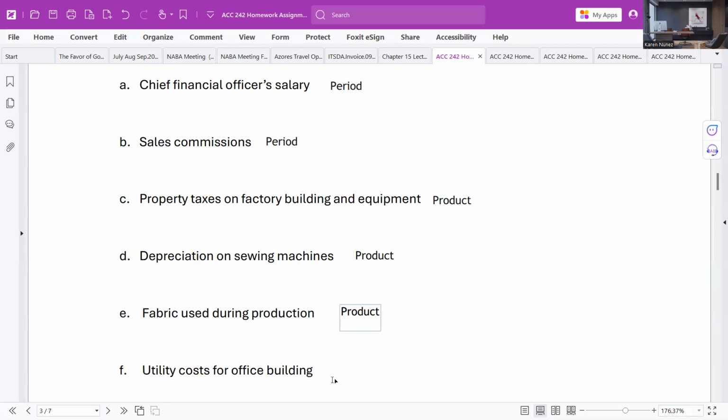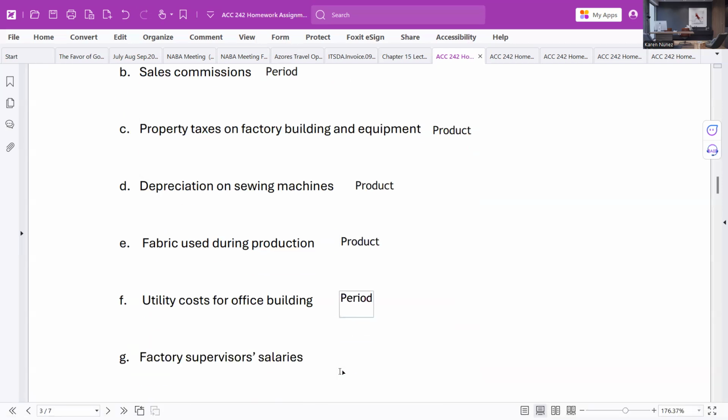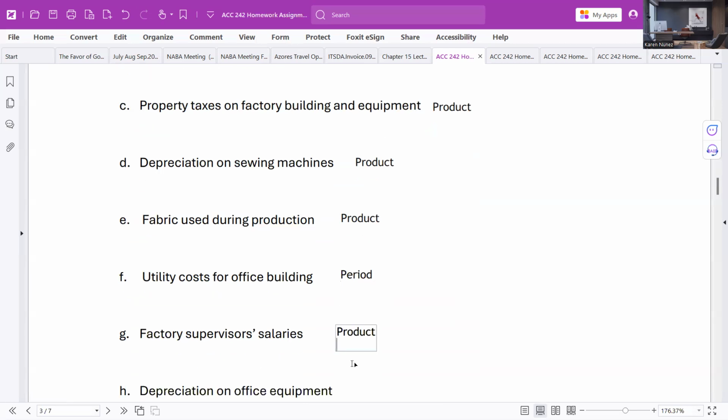And then you've got utility costs for the office building. Well, the office, again, that's selling and administrative. That is a period cost, not related to manufacturing. And you've got factory supervisors. Well, again, what's key is it's in the factory, right? They're supervising in the factory. That is a product cost.